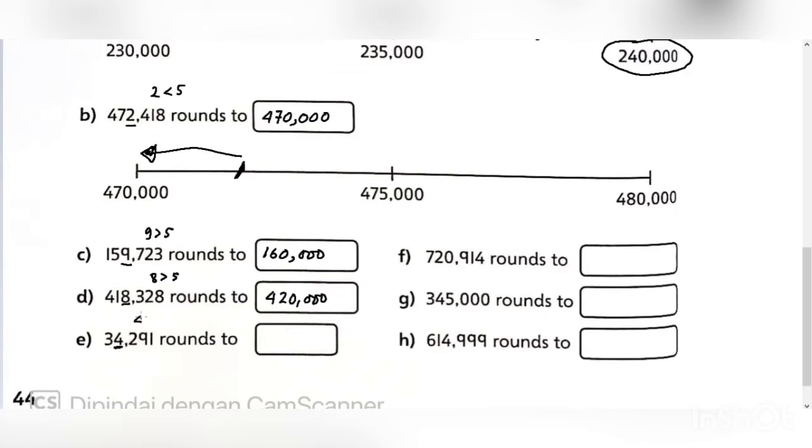The 1,000 here is 4. 4 is less than 5. So we just need to round the number to 30,000. Good. And then for number F, we have to see the 1,000 also. So 0 is smaller than 5. So we need to round the number to become 2.